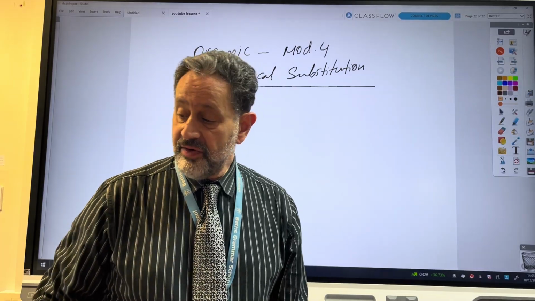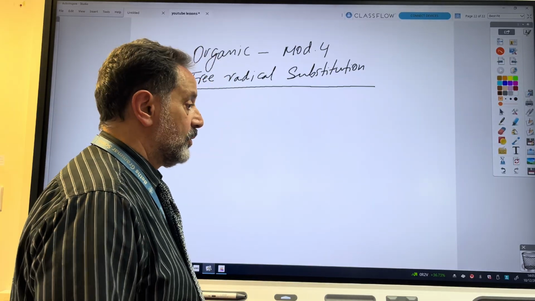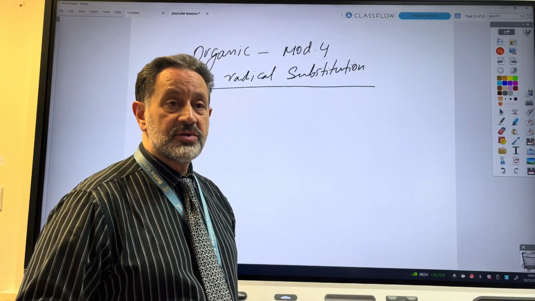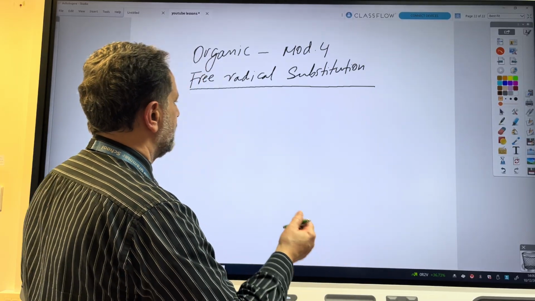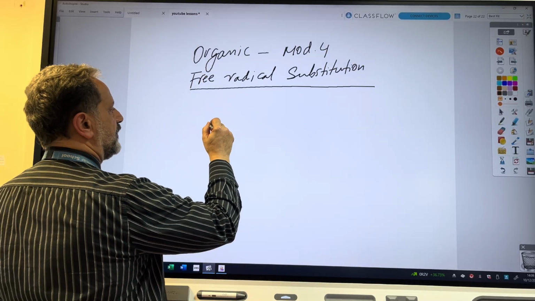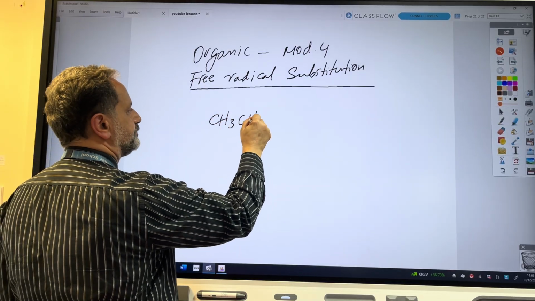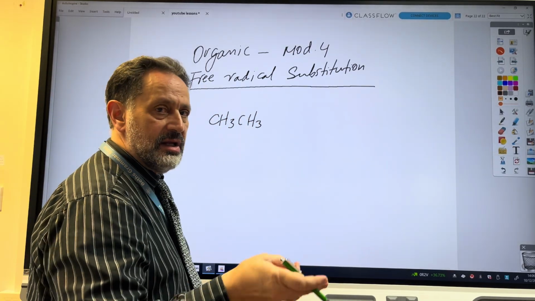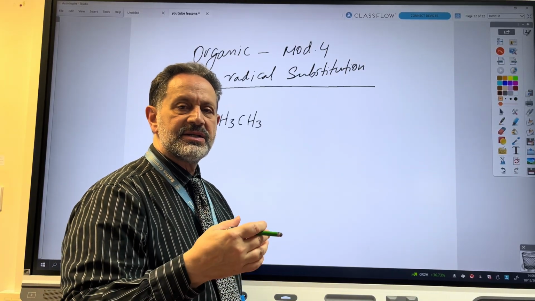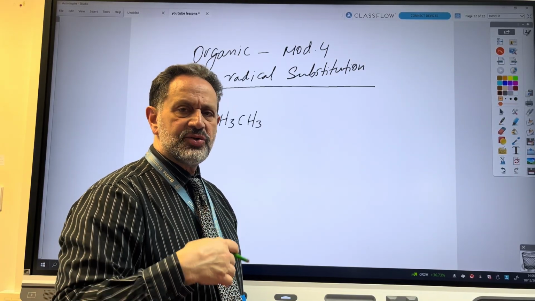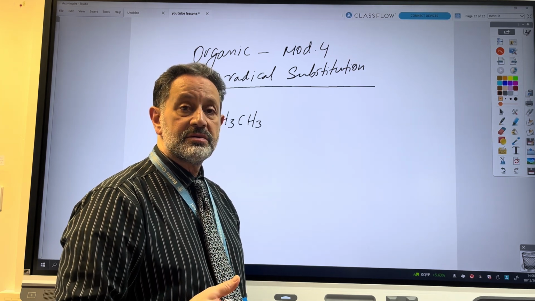So why is it called free radical, or sometimes radical, substitution? Well, it's because free radicals are involved. So what are they? When you have a hydrocarbon, such as ethane, you know, methane and ethane, natural gases, propane and butane, petroleum gases, you really associate alkanes, generally speaking, or most of them, with fuels.